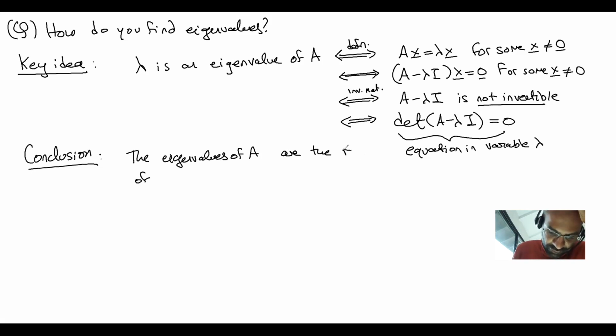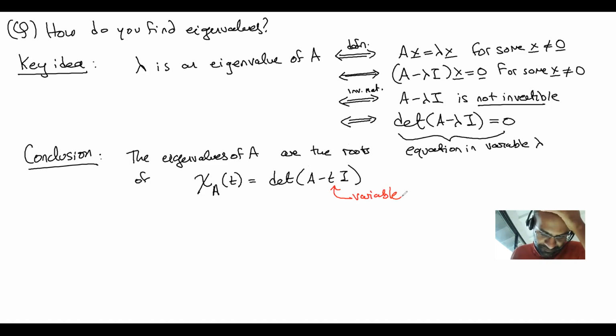Well, okay, I'll just say are the roots of the following polynomial, chi sub A of t equals det of A minus tI, where this t is a variable. Okay, so roots of this thing, which is a polynomial. I'll prove that in a moment. And this is called the characteristic polynomial.